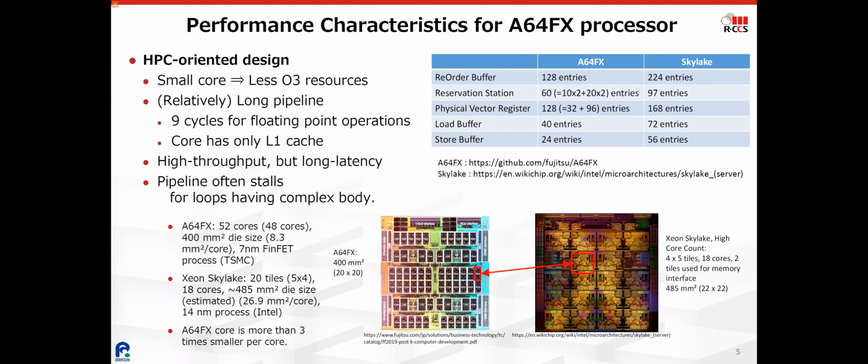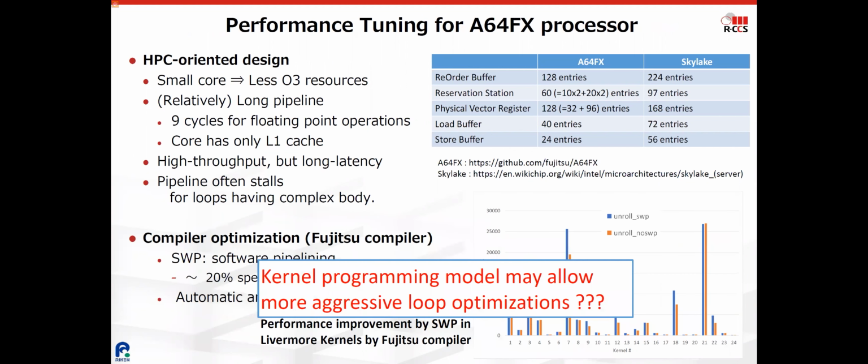It means this core has high throughput but long latency, which may cause pipeline stalls for long, complex loops. So these characteristics of the A64FX require more aggressive compiler optimization, like software pipelining or automatic loop fission.